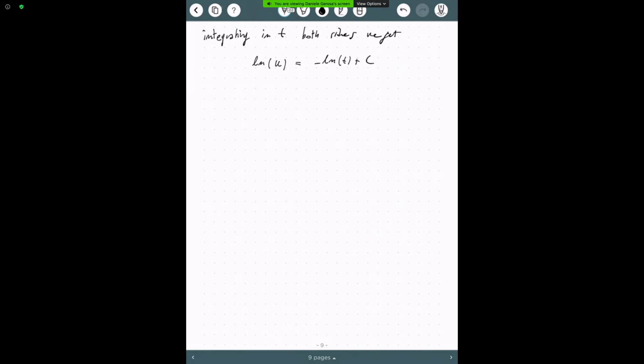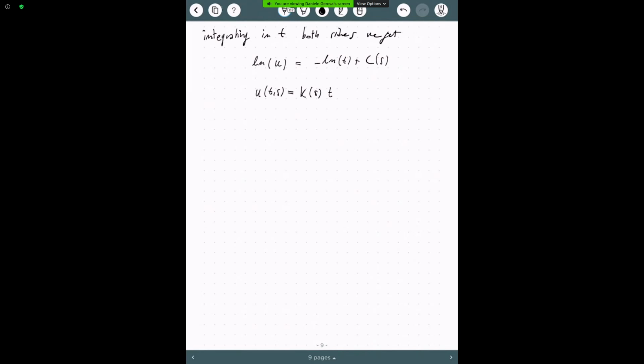Yes, and this means that u of t, s is equal to, this constant will likely depend on s. So this is equal to some other constant k of s, if I take the exponential both sides, times 1 over t if you want.